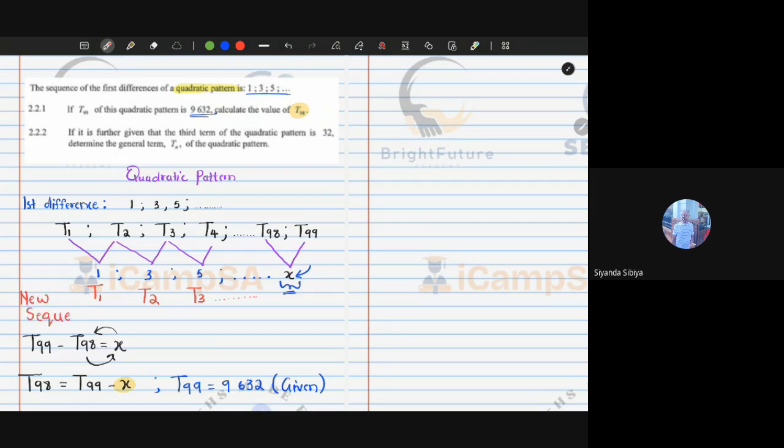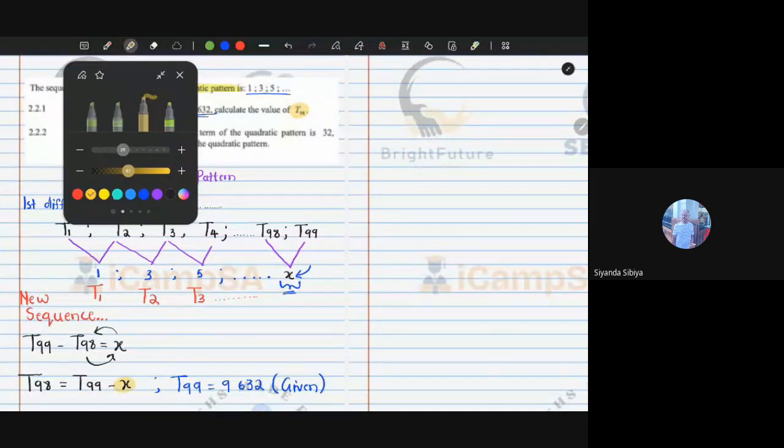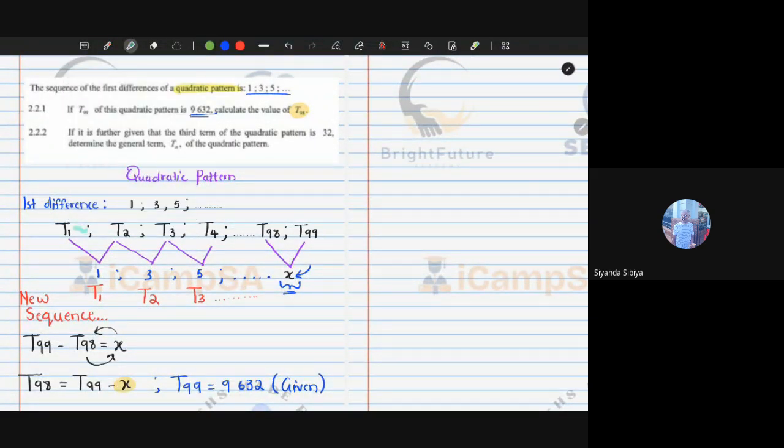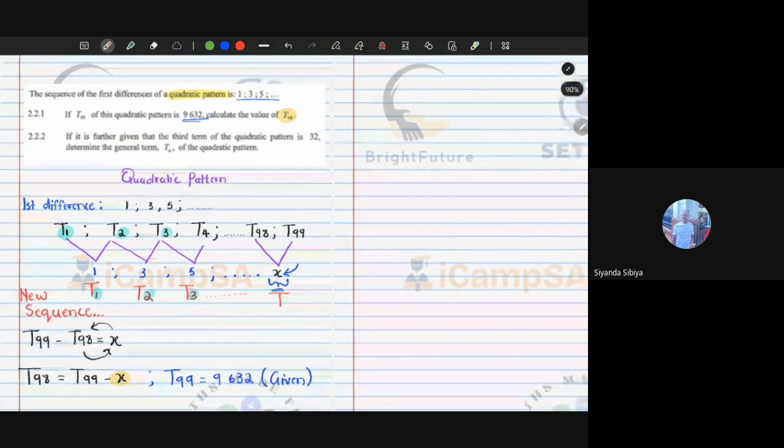What term will that be, guys? So look at what happens. That becomes that, becomes that, becomes that. What term is this going to be on our sequence, which we are going to form using this first difference? It is going to be term 98.